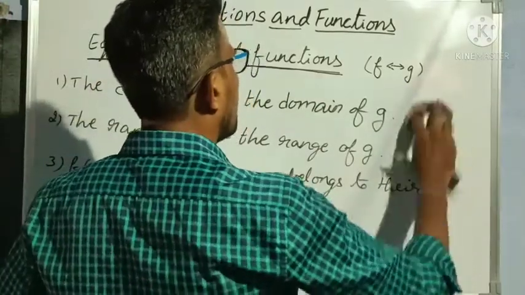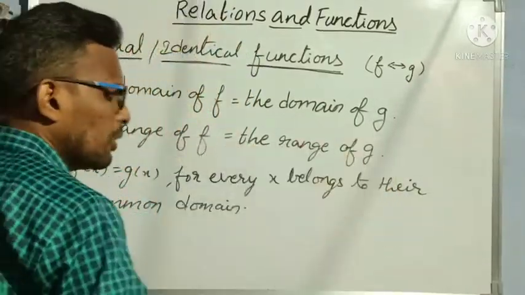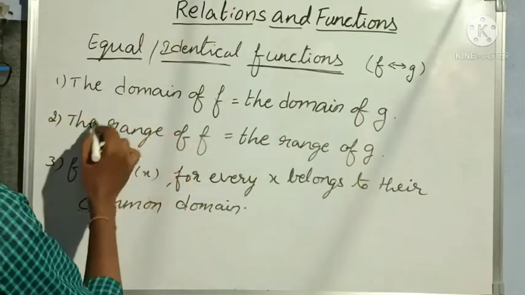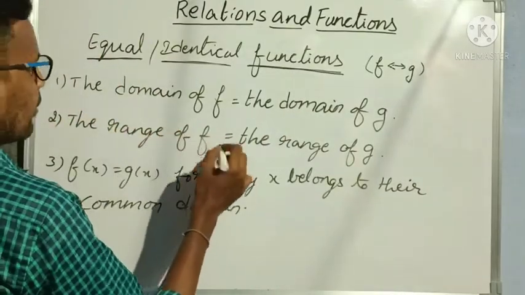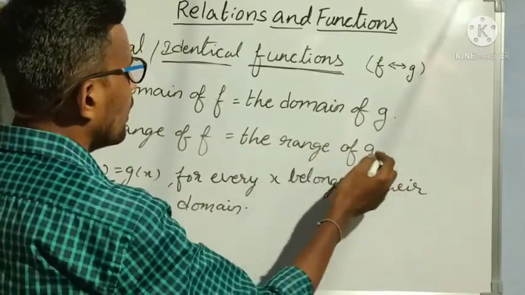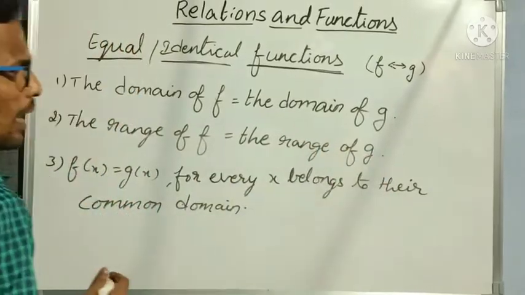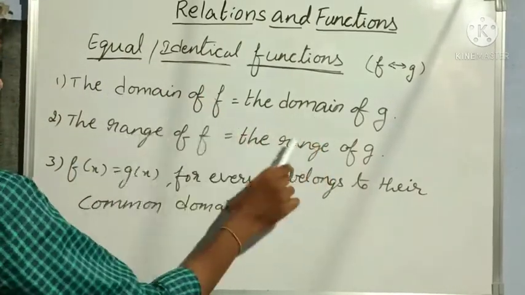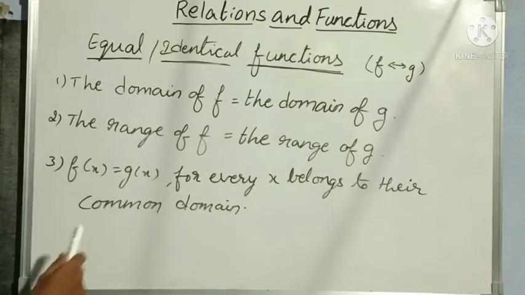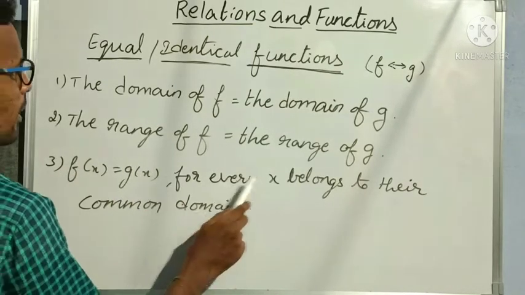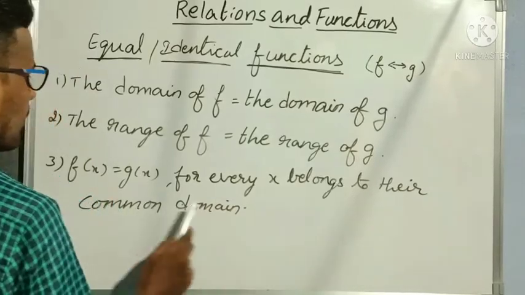Next, the range of f should also be equal to the range of g. The range of f means the output we get for f of x. In the same way, the output of g of x is the range of g, and both should be equal. So the first condition is that the domain should be equal, and the second is that the range should be equal. One more condition is that f of x is equal to g of x for every x belonging to their common domain.